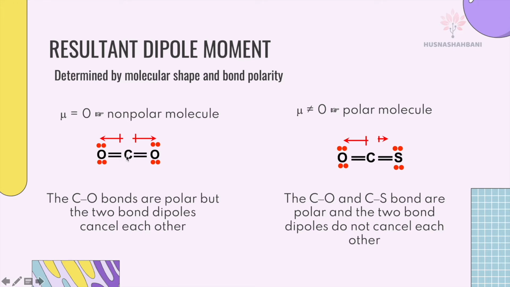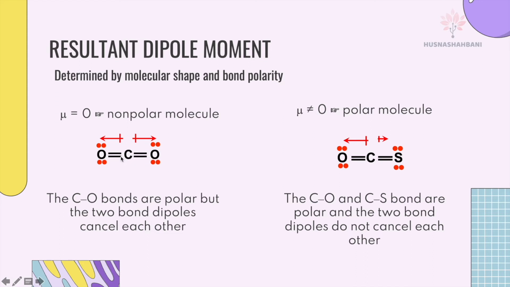O is more electronegative than carbon, meaning these electrons are attracted to O more than to carbon. That's why this arrow is pointed to the left, and the position of the electrons is closer to oxygen compared to carbon.